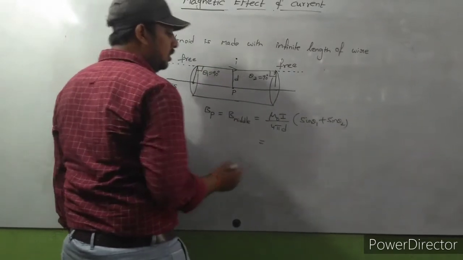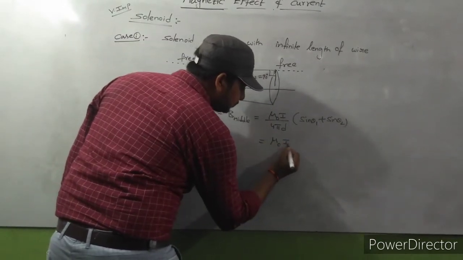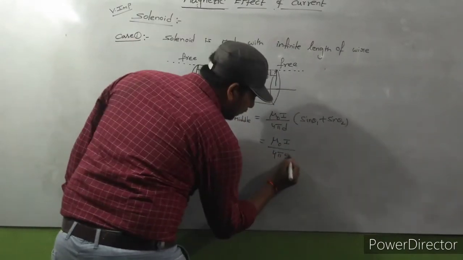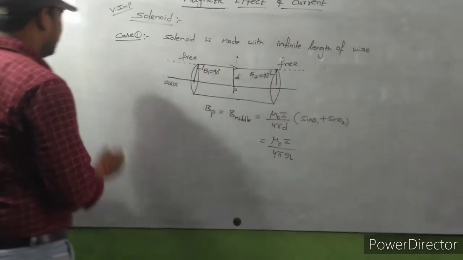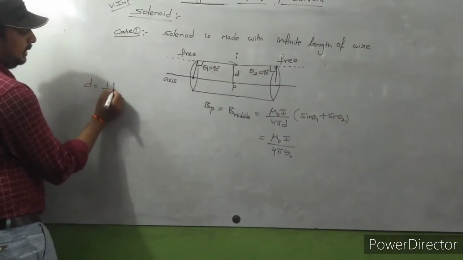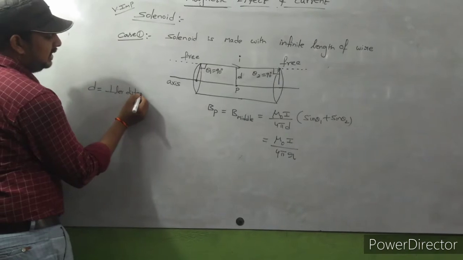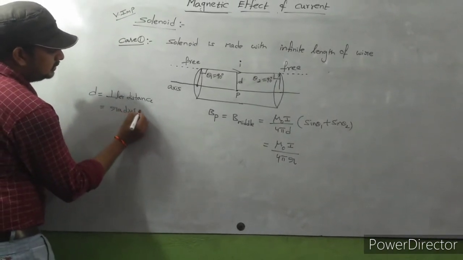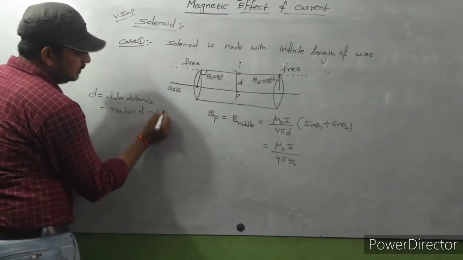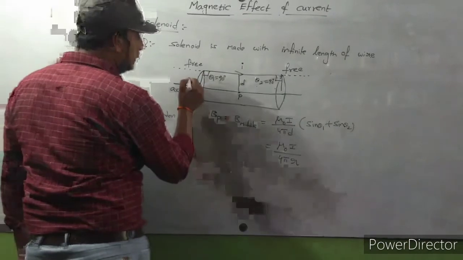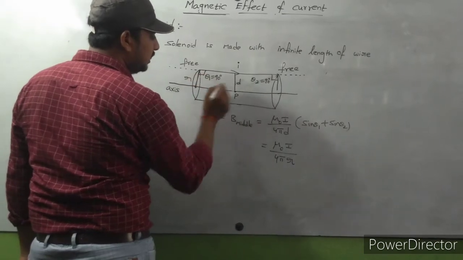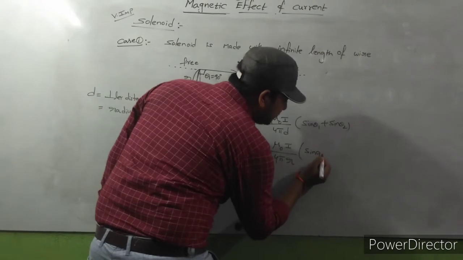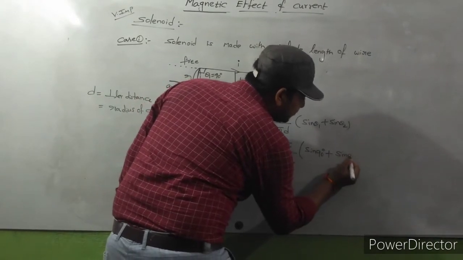Now D means perpendicular distance, that is equal to the radius of the cylinder, R. So mu naught I by 4 pi R into sin 90 degrees plus sin 90 degrees.